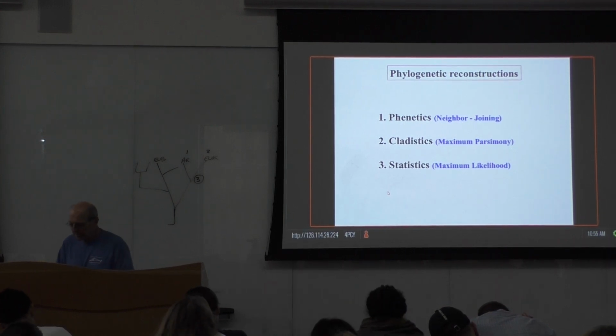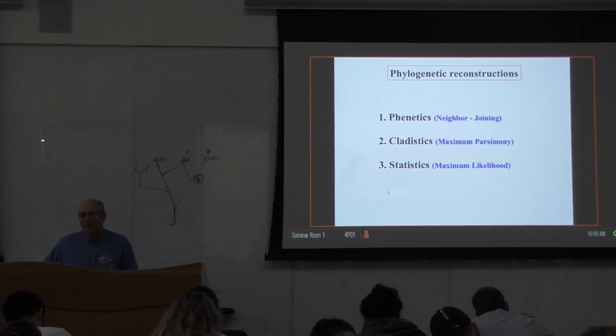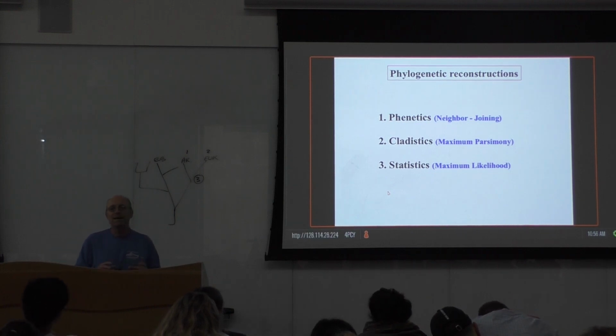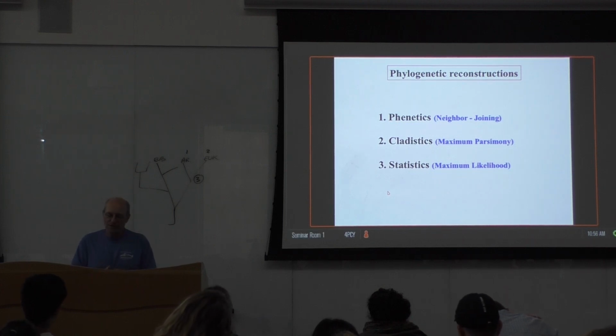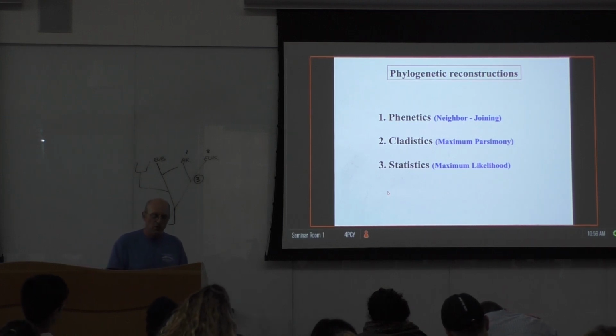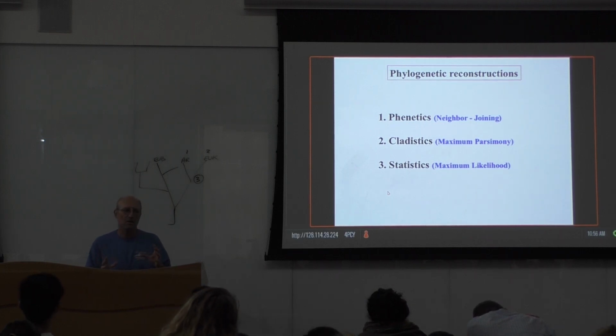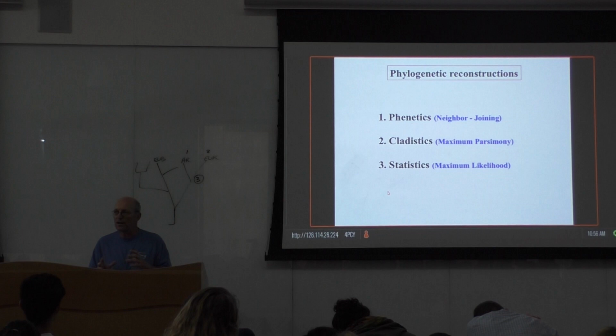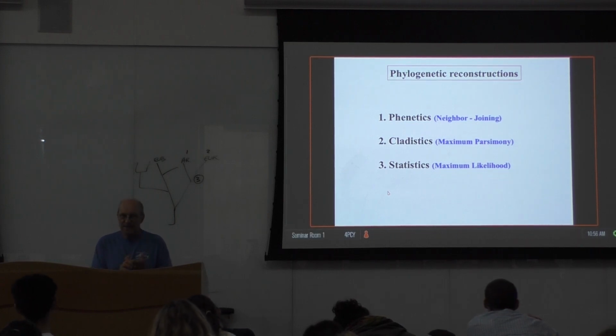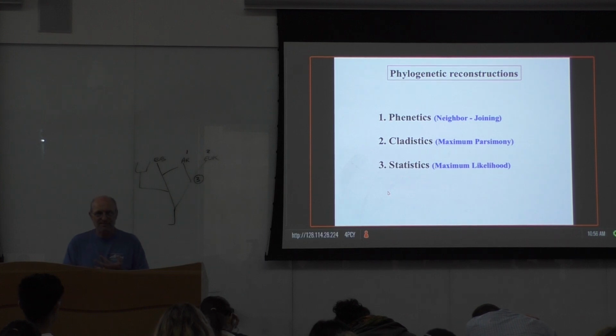Phylogenetic trees are made with what are called phylogenetic methods or approaches, and there are many of them. There are a little over 50 different methods. However, thank goodness, those methods fall into three broad categories: phonetics, cladistics, and statistics.